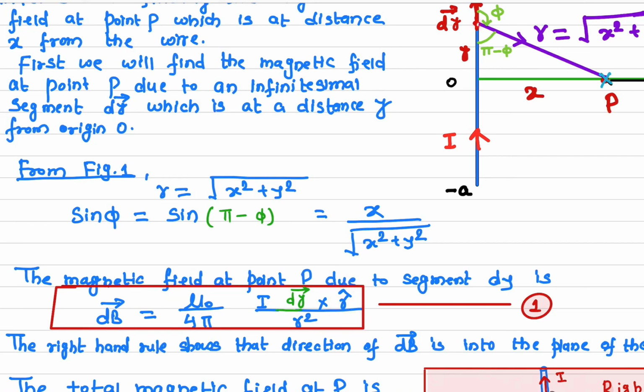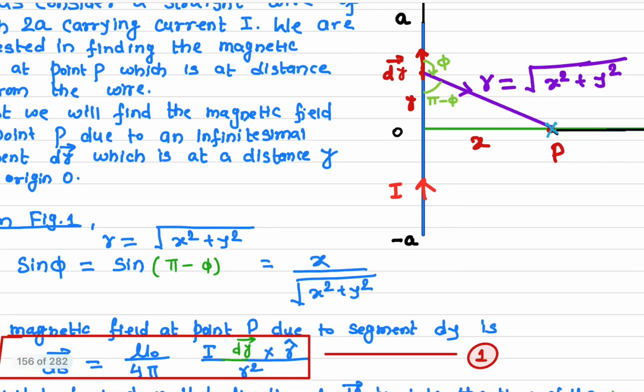Let us take a look at this right angle triangle. This is x, and the distance from the origin, in other words, let me mention here. The length of the wire is 2a, and we have chosen the halfway point as the origin, and this is my x-axis and this is my y-axis.